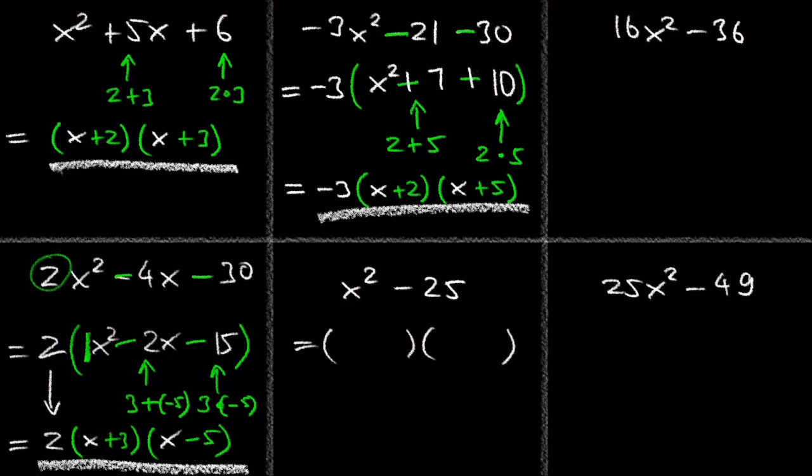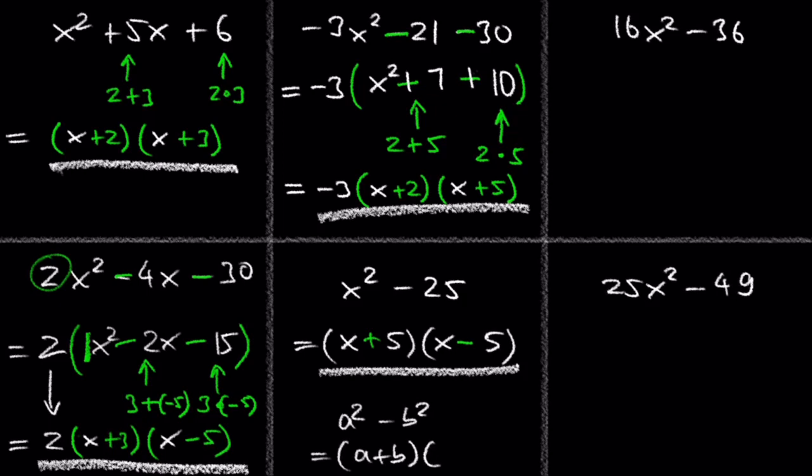The difference of 2 squares says we can write this as the square root of x squared, which is x, plus the square root of 25, which is 5, multiplied by the square root of x squared minus the square root of 25. So in general, we can write a squared minus b squared equals (a plus b) times (a minus b).